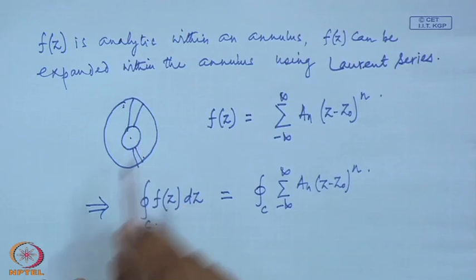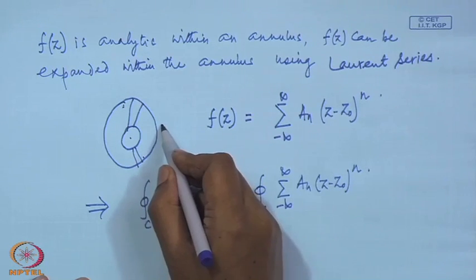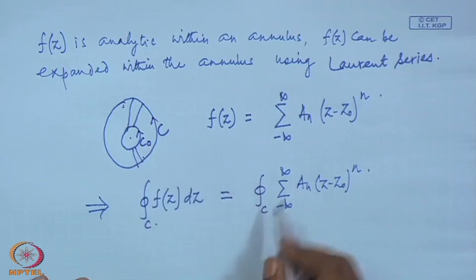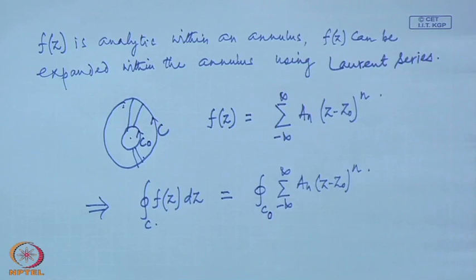And this z0 we can make it this point. So, let us say we give this C and this C0, so that this can be made like this, and what will be this integration? For convenience, consider just only one singularity at z equal to z0.